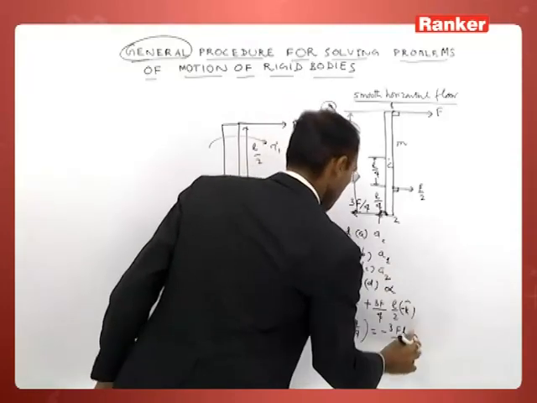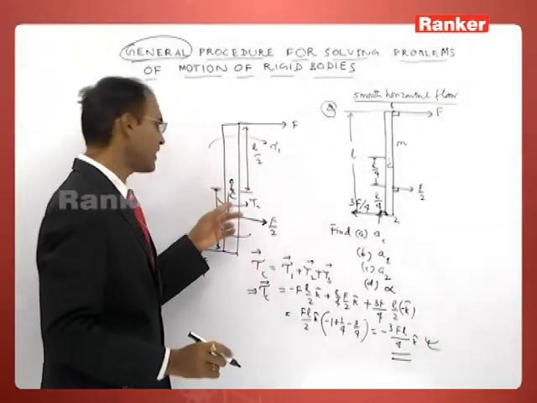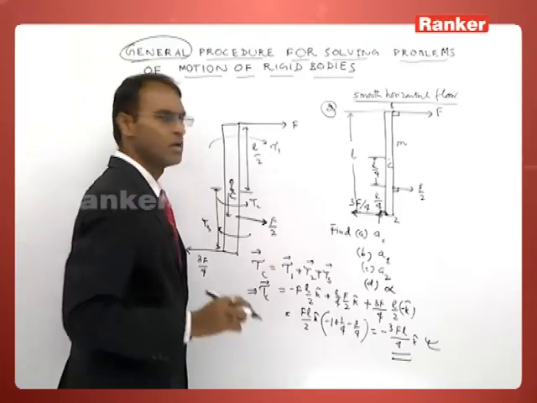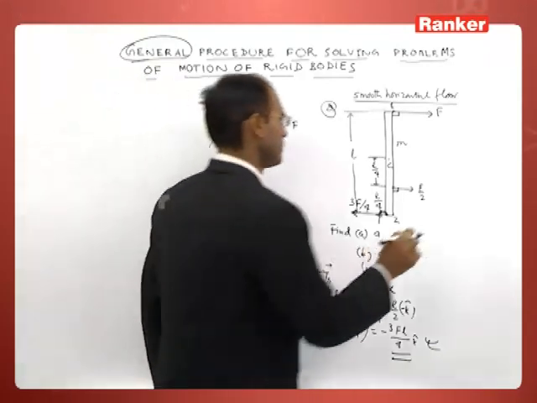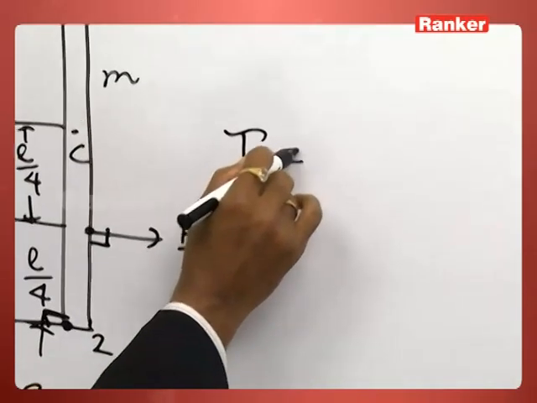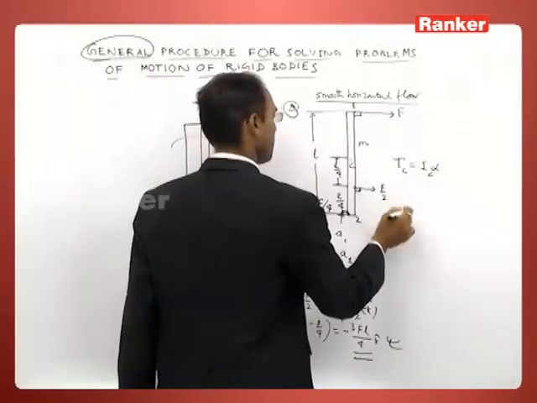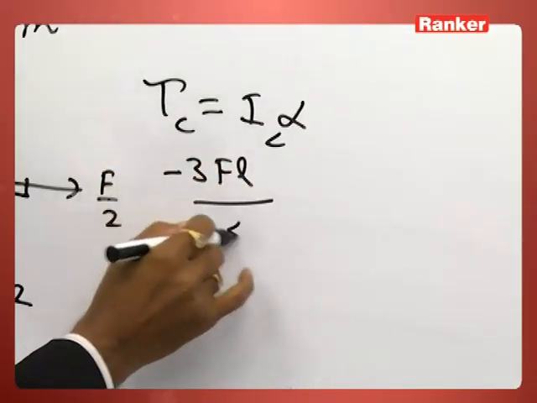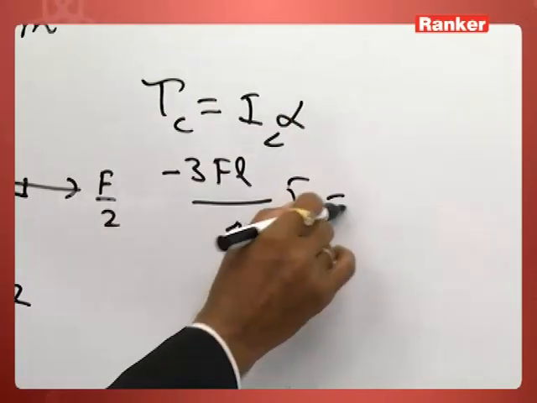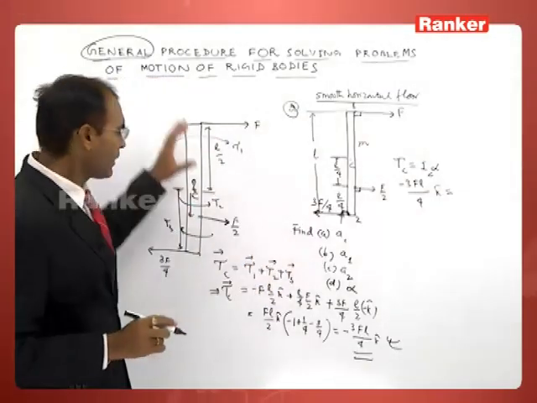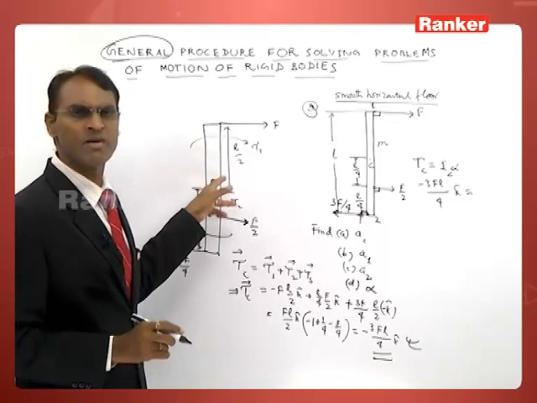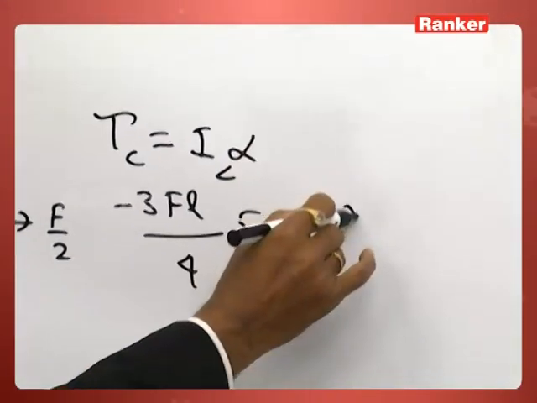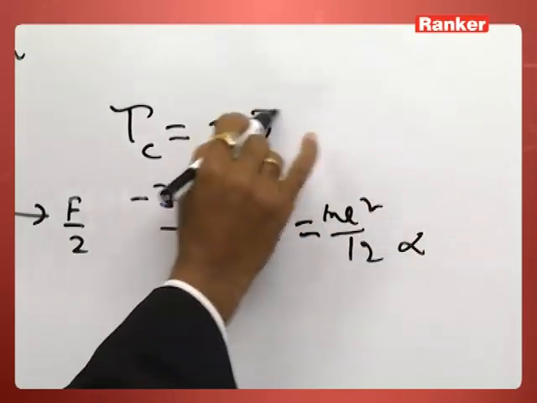Well, after getting the net torque about the center of mass, we have to use Newton's law of rotation, which states that tau c is equal to I c alpha. Tau c we got as minus 3FL/4 k cap, which is equal to the moment of inertia of the rod about the center of mass axis, ML squared by 12, into alpha.